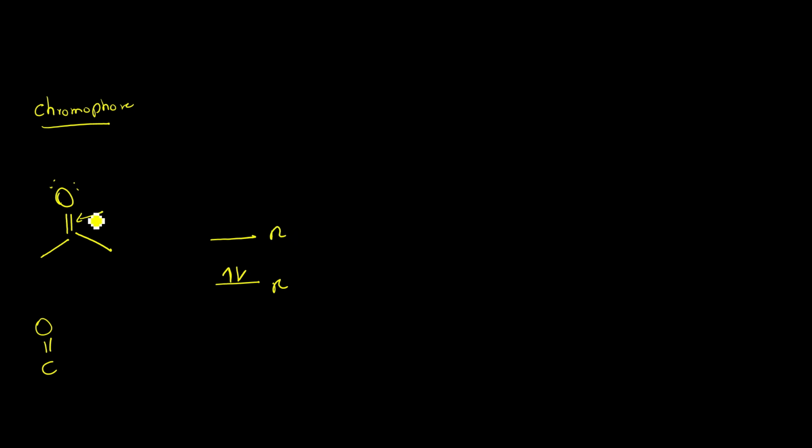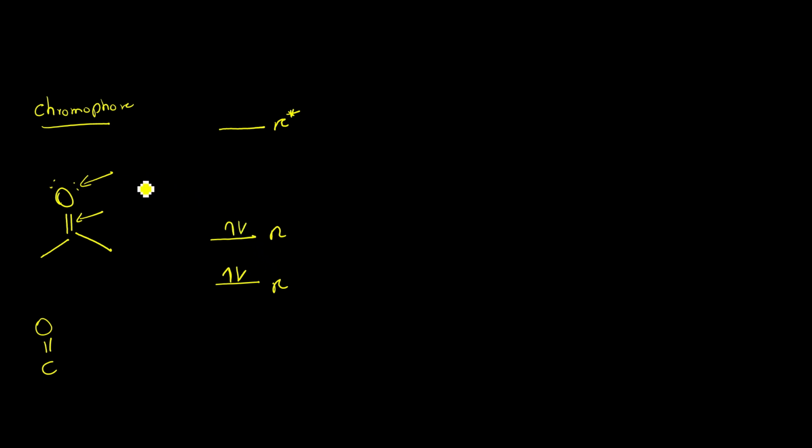This is the n, representing this lone pair. There are 2 electrons on the lone pair. Now here we have the pi star, which is the excited state, the antibonding orbital of the pi orbital.